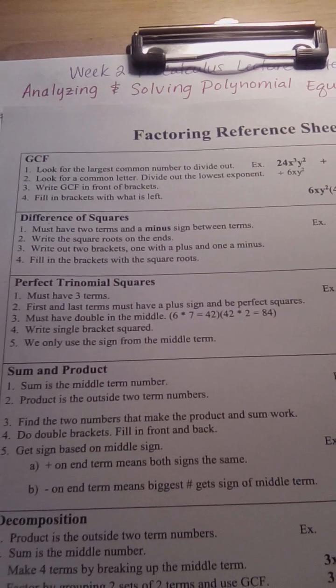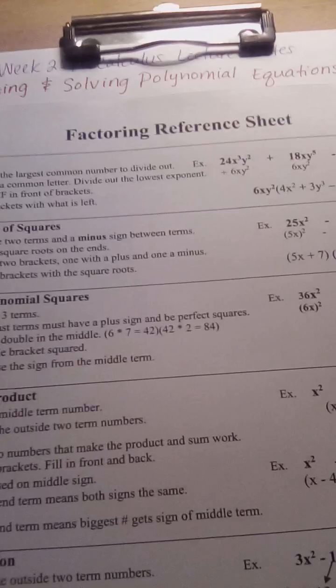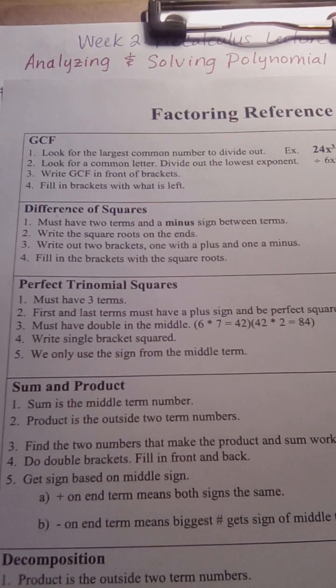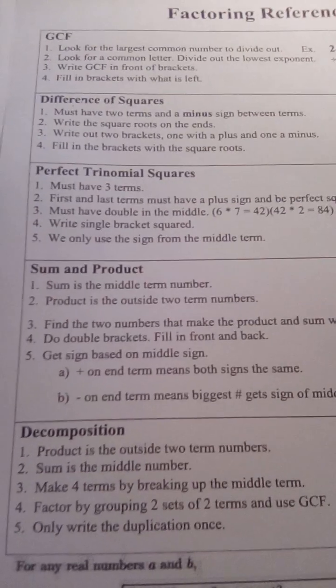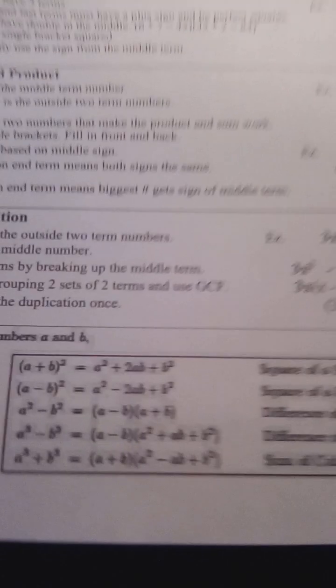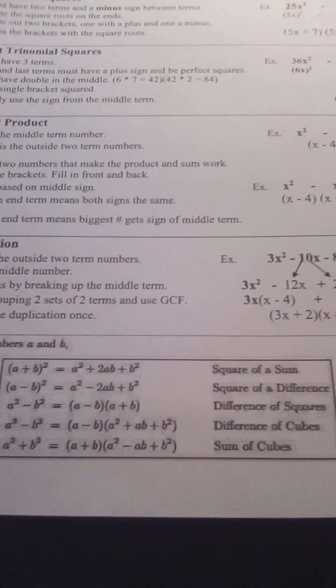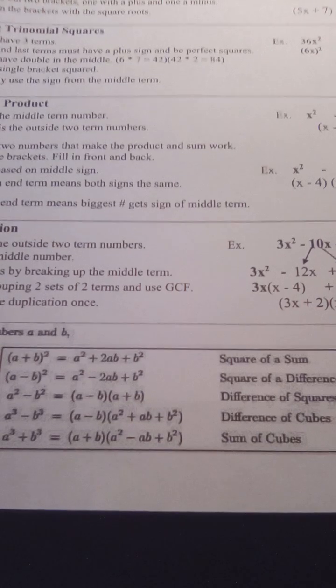So I'll give you a sample of this. This is GCF, greatest common factor. This is the explanation. Differences of squares, perfect trinomial squares, sum and product, decomposition. And there are other ones: square of a sum, square of a difference, difference of squares, difference of cubes, and sum of cubes.